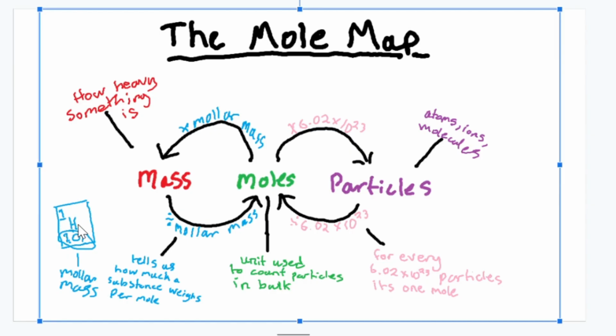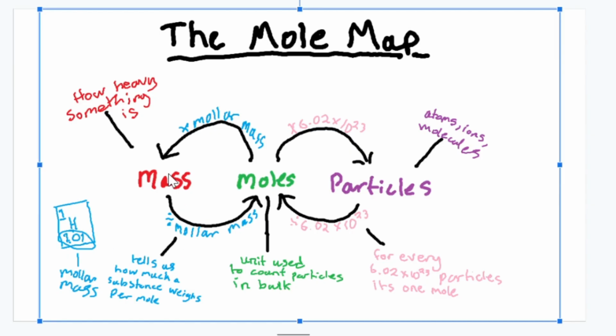As you can see here, we have hydrogen. Under it, it will show a mass, in this case 1.01. In some cases, it will be 1.008. Each element can sometimes be different on different periodic tables.